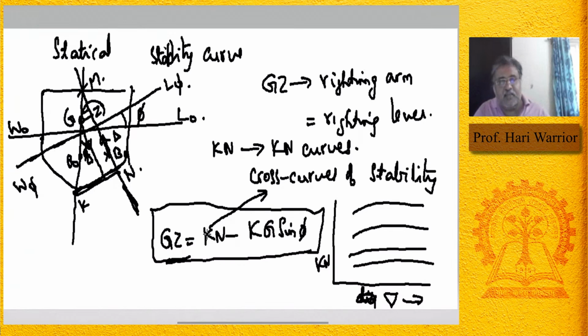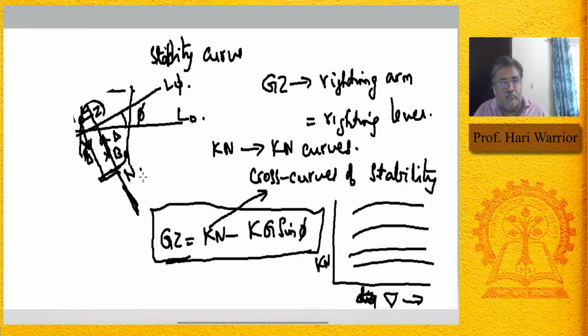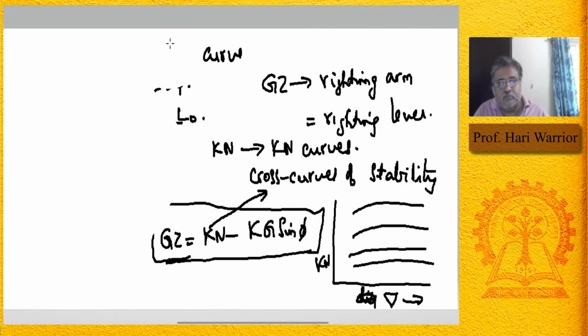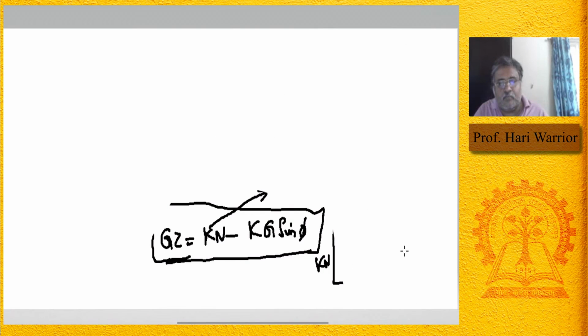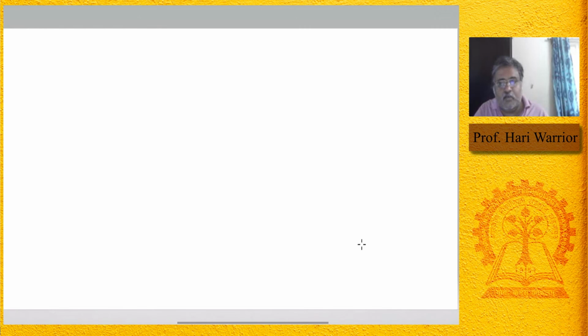So as the heeling increases, the GZ changes, increases or decreases, whatever happens, it changes.